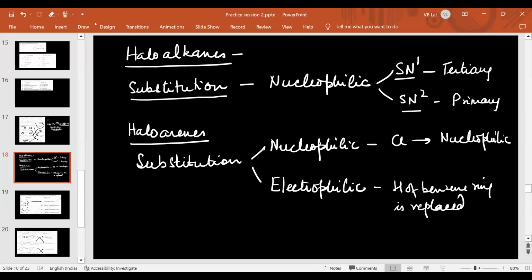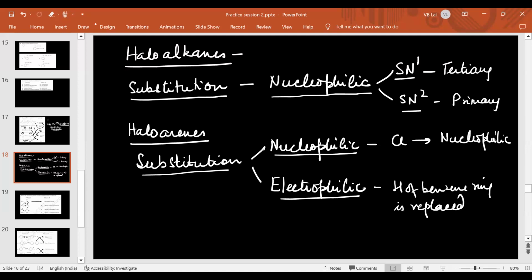So remember, in haloalkanes, the reactions will be substitution, and what type of substitution? Nucleophilic. If it is haloarenes, what type of reaction? Substitution. It can be nucleophilic or it can be electrophilic.